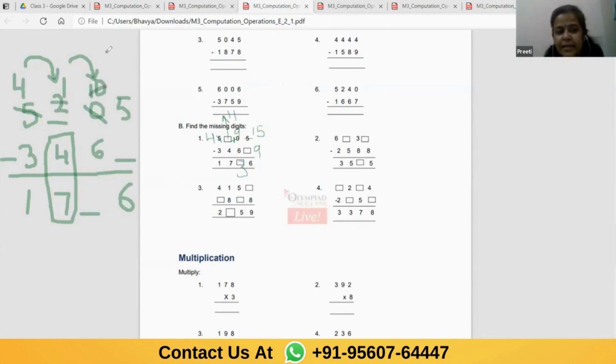This 10 becomes 9 and this 5 becomes 15. Then I can borrow from 5. This 5 becomes 4 and this 1 becomes 11. Now are you getting me? Now look at the solution and tell me, are you able to understand now?